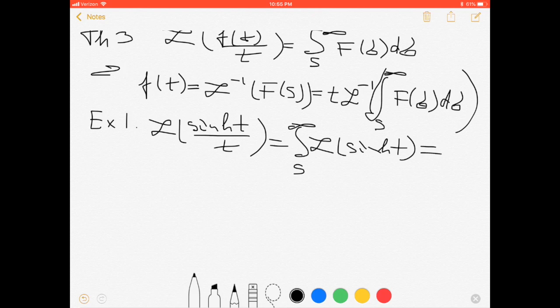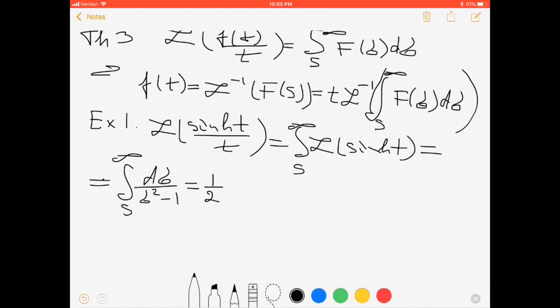We remember the Laplace transformation of hyperbolic sine t is 1 over s square minus 1. This means our situation will be d sigma over sigma square minus 1. Here we need to separate, use partial fractions.